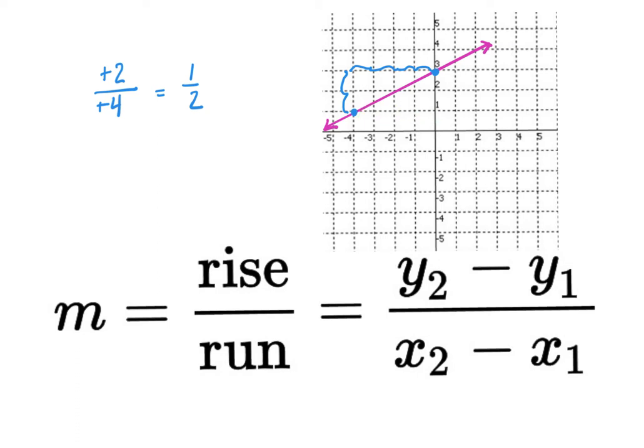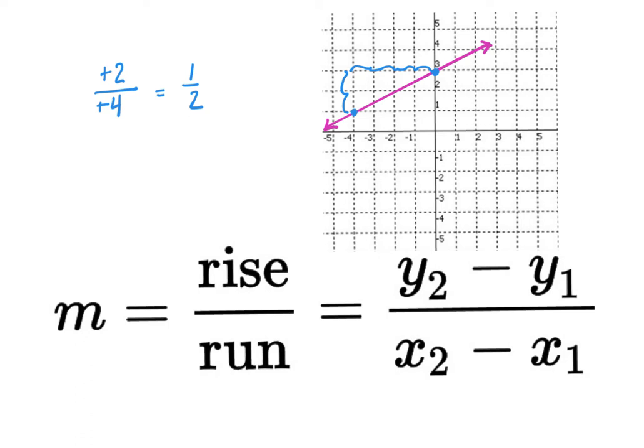The other situation you can come across is just having 2 points. I could potentially give you 2 points and say, what is the slope? With 2 points, you're going to use your slope formula. You're going to subtract your y's, that's your numerator, and subtract your x's, that is your denominator. It doesn't matter which group starts first.